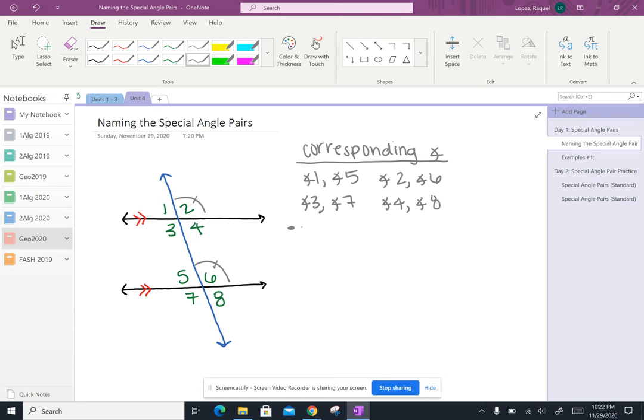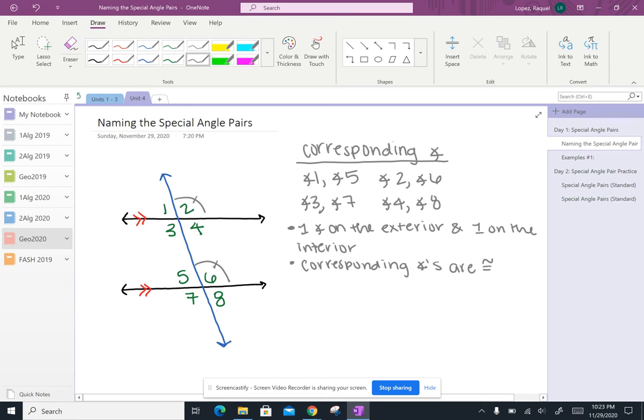So some notes: we've got one angle on the exterior and one on the interior. And another thing to note about corresponding angles is that they are congruent. Okay, so that means angle 1 is congruent to angle 5, 3 is congruent to 7, 2 is congruent to 6, and 4 is congruent to 8.